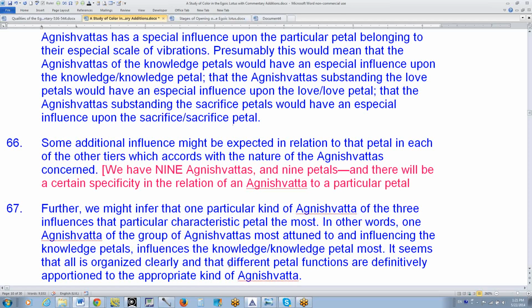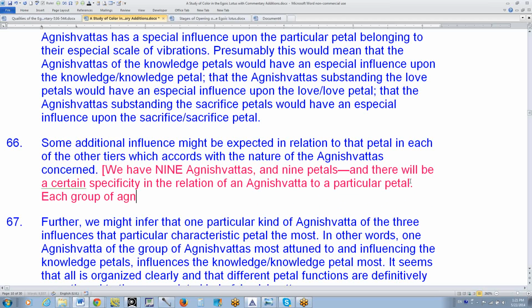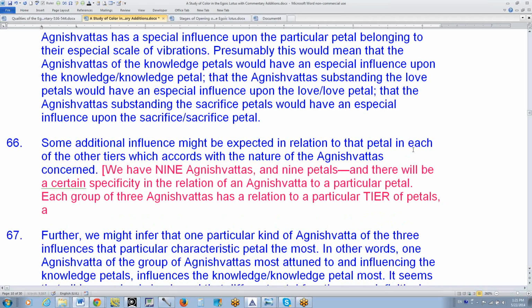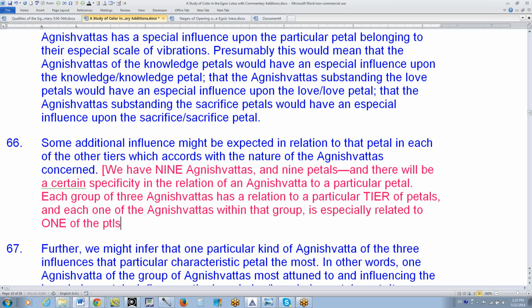And let's get our word Agnishvatta confirmed as a legitimate word. So let's just say that each group of 3 Agnishvattas has a relation to a particular tier of petals, and each one of the Agnishvattas within that group is especially related to one of the petals in the group to which all 3 are related.